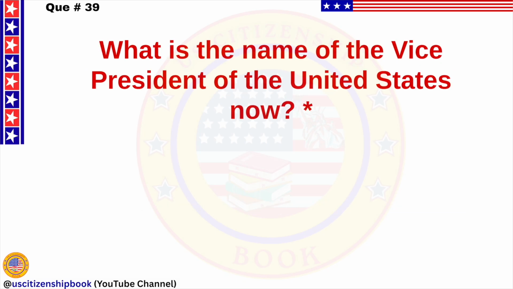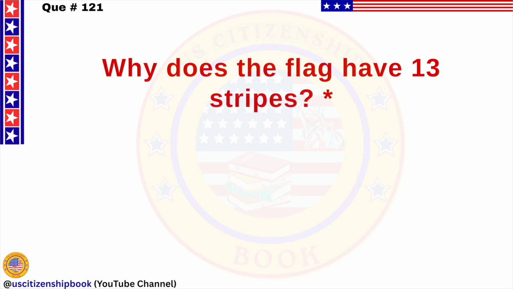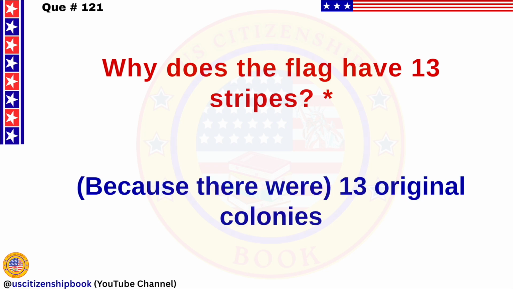What is the name of the Vice President of the United States now? J.D. Vance. Why does the flag have 13 stripes? Because there were 13 original colonies.